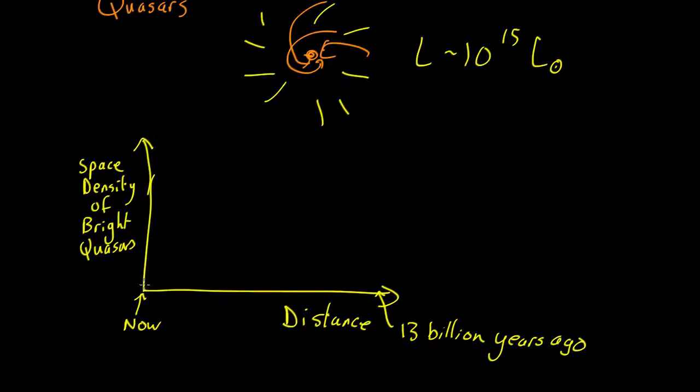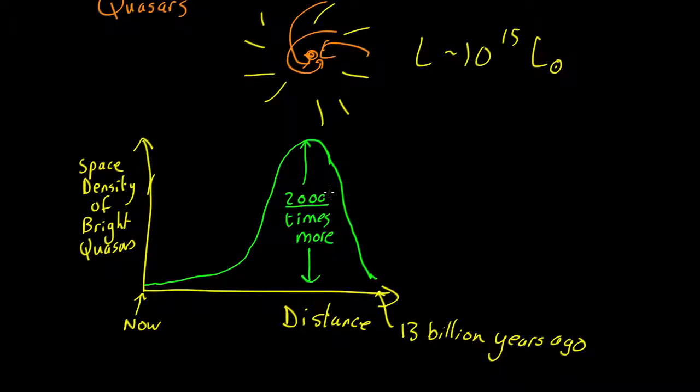There actually aren't very many quasars around nowadays, at least not the bright ones. But as you go back in time, they get much more common. At redshift around 2, there are about 2,000 times more quasars per unit volume than there are today. But then when you go further back, still the numbers drop off. So something is changing. Evidence for the Big Bang?